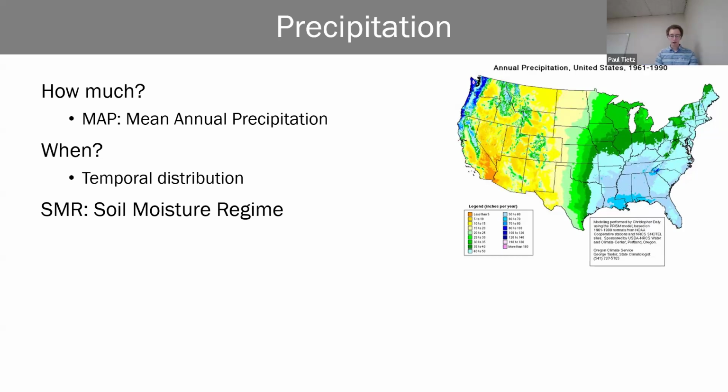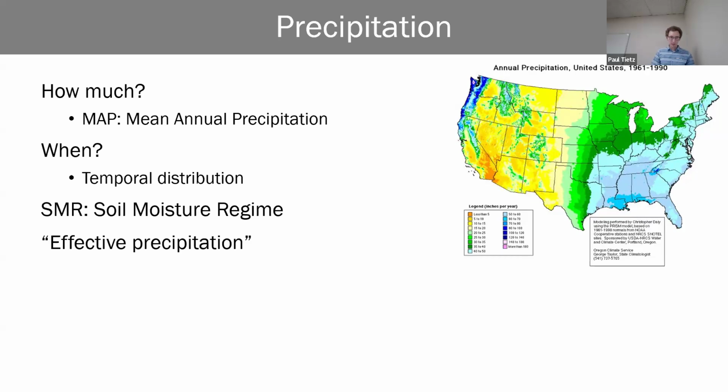We'll cover the moisture regimes in depth a couple weeks from now, but we as soil scientists at least have an organization, a classification system, of describing the temporal distribution of precipitation as well as the total amount.